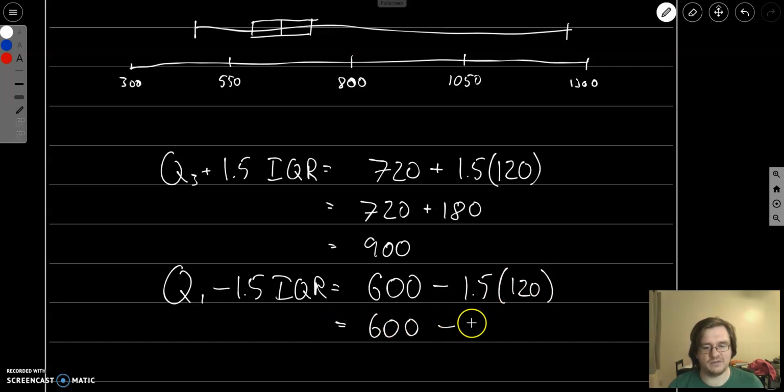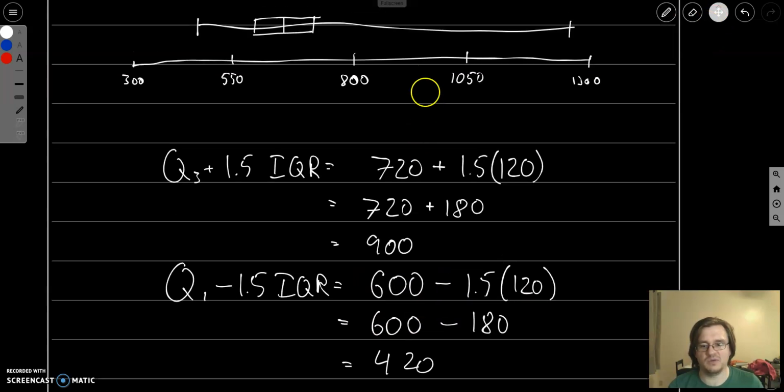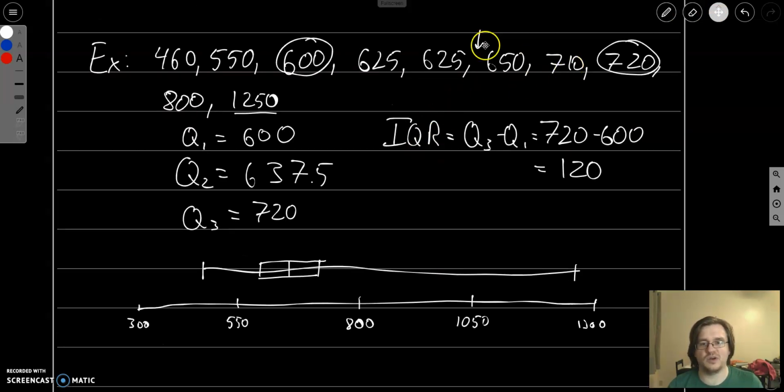Again, 1.5 times 120 is 180. When we subtract this, we get 420. But we'll notice that there are no numbers less than 420, so there are no outliers on the left-hand side, which makes sense. The only outlier is way out here.